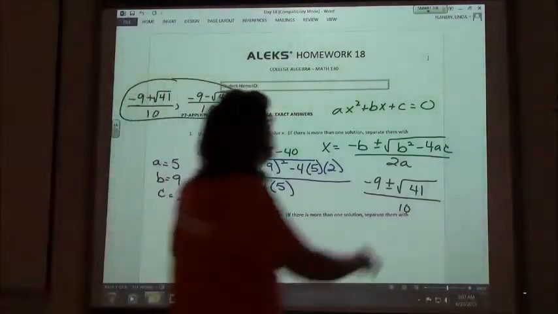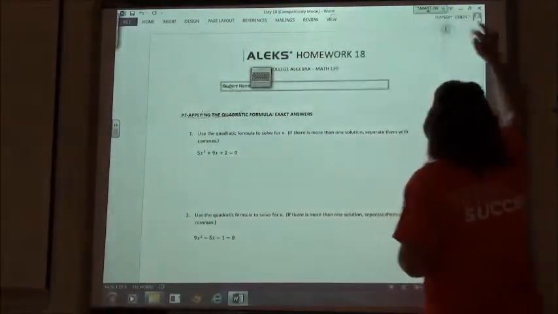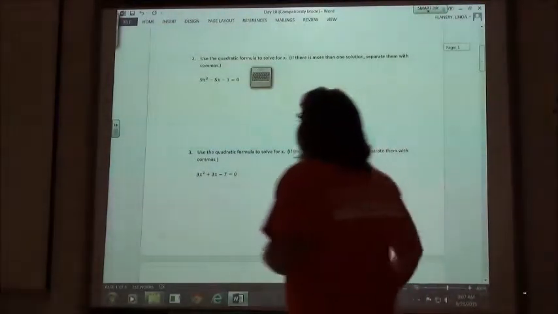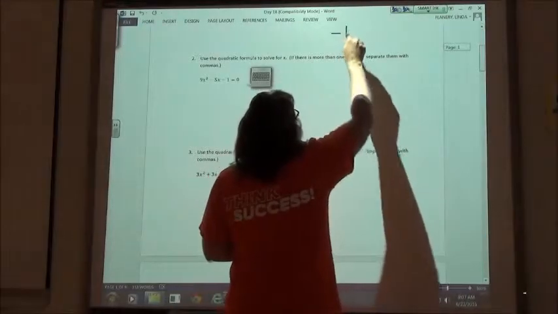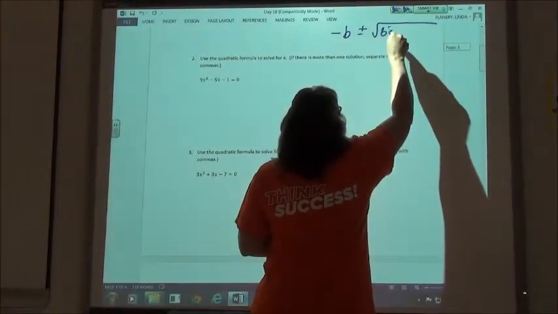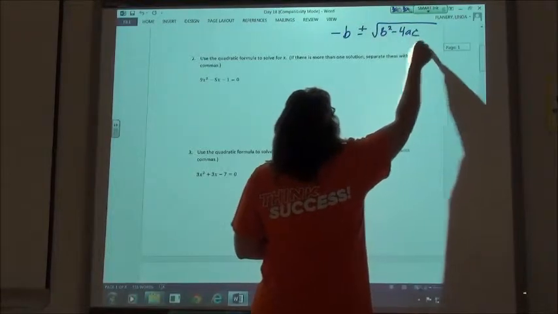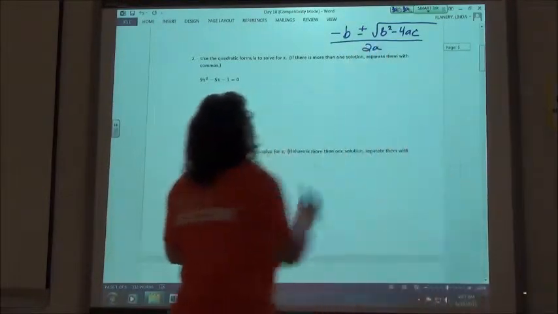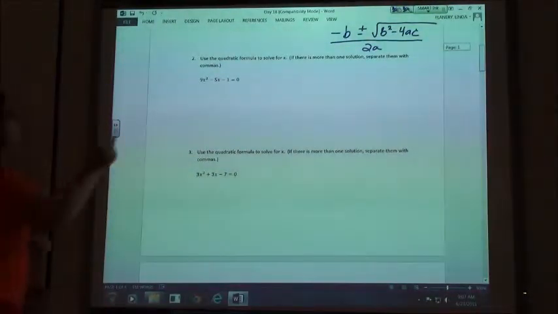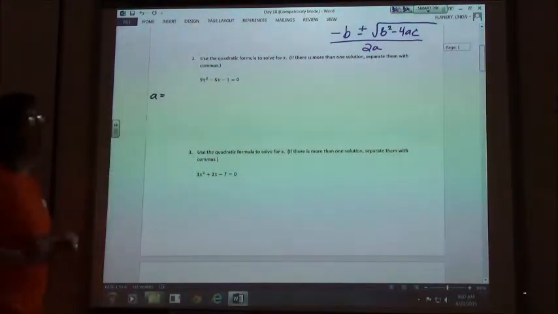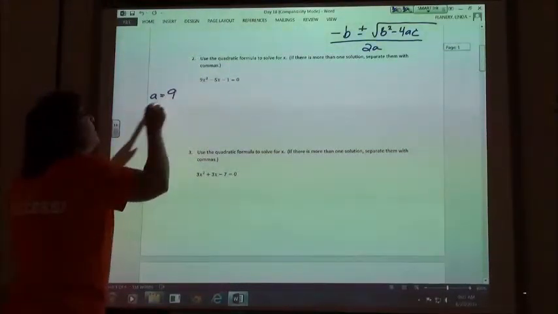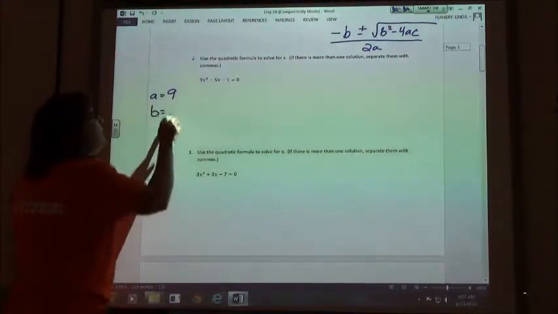If I move down there to number 2 then. Again, I'm going to have minus b plus or minus the square root of b squared minus 4ac over 2a. And so in this one, my a value is going to be 9. My b value is negative 5.